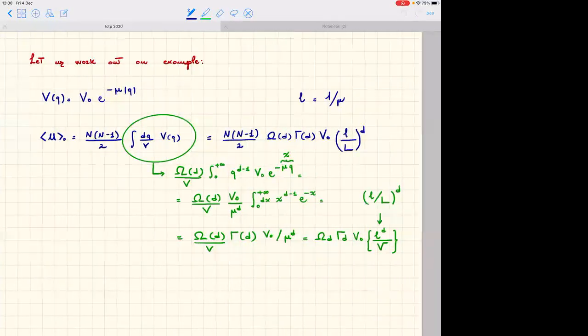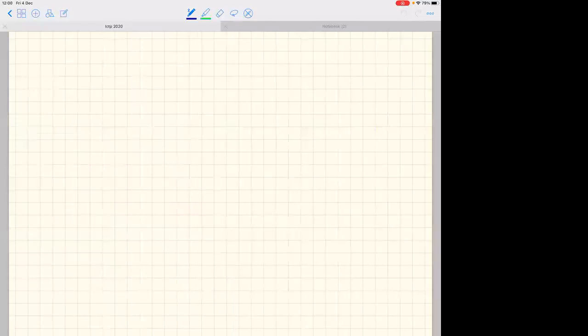All right. So now, let us compute the average of u squared minus the average of u naught squared.